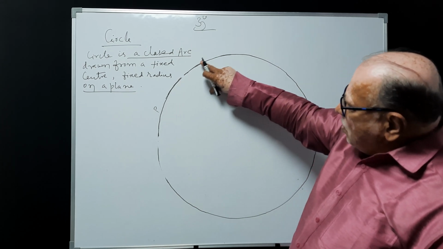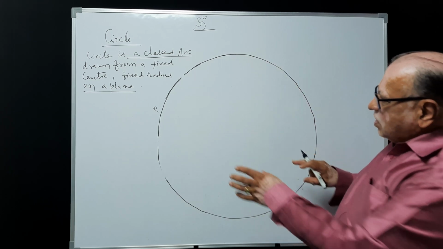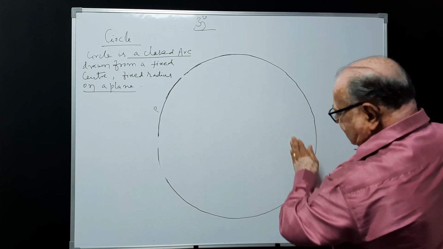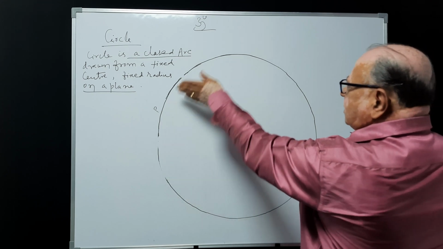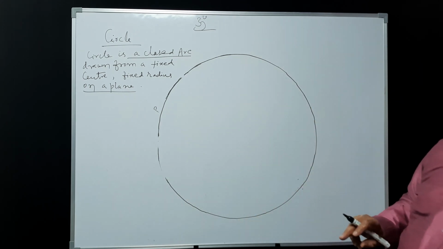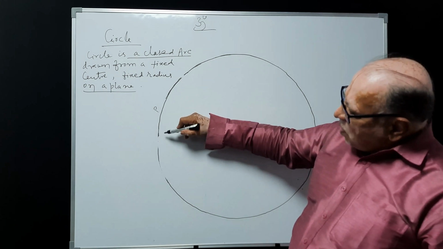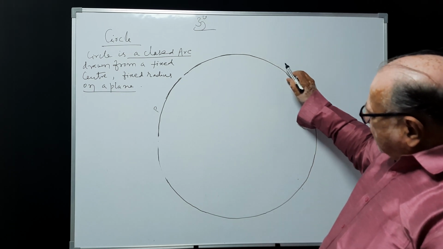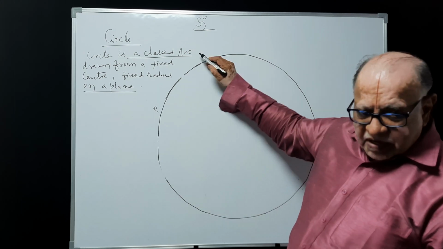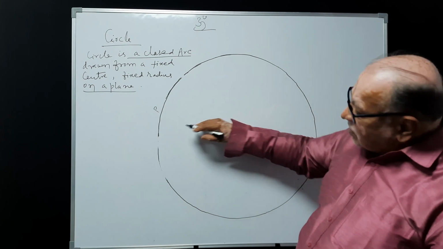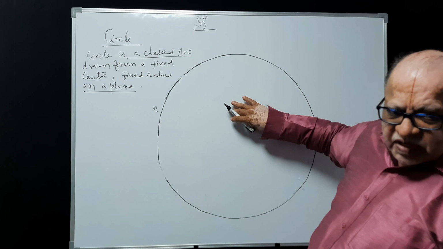If this moving point moves always at equal distance from this fixed point, then the path traced out by the moving point is called a circle. So circle can also be defined as the curved path traced out by a moving point such that it always moves at a fixed distance from a fixed point.